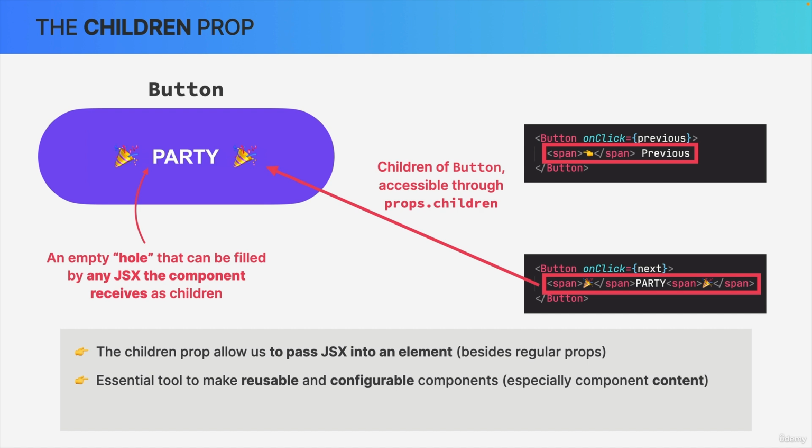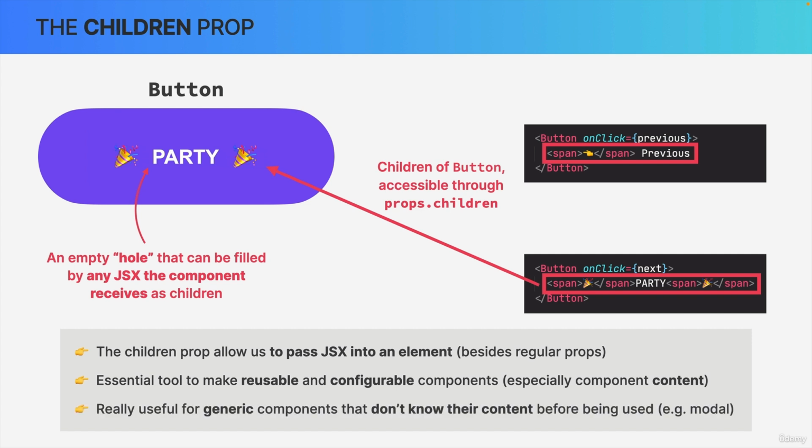And this technique is really useful for building generic components that do not know about their content before actually being used. Like, for example, a modal window, a generic slider, or simply a generic button like the one that we just built. Again, this button component had absolutely no idea about the content that it was receiving, and therefore about the content that it was displaying.